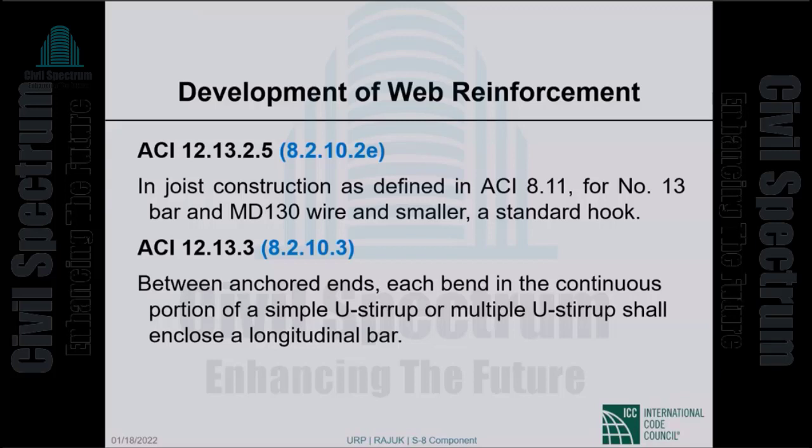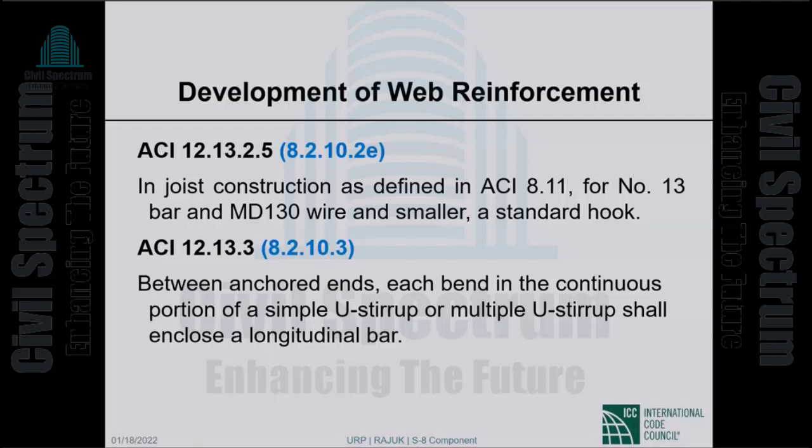Between anchored ends, each bend in the continuous portion of a simple U stirrup or multiple U stirrup shall enclose a longitudinal bar. This is extremely important. Okay, so between anchored ends, just imagine a simple U stirrup. So there are 2 anchored ends. The 2 ends of the U hook around longitudinal bars.